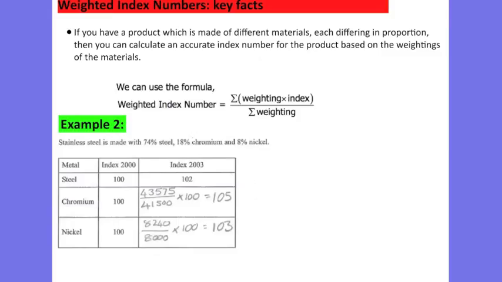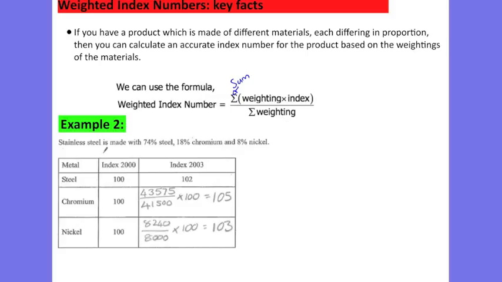Weighted index numbers. If you have a product which is made of different materials, each in differing proportion, like the example we just looked at, then you can calculate an accurate index number for the product based on the weightings of the materials. And we use this formula. The weighted index number is equal to the sum, that's the total, of the weighting multiplied by the index divided by the sum of the weighting.